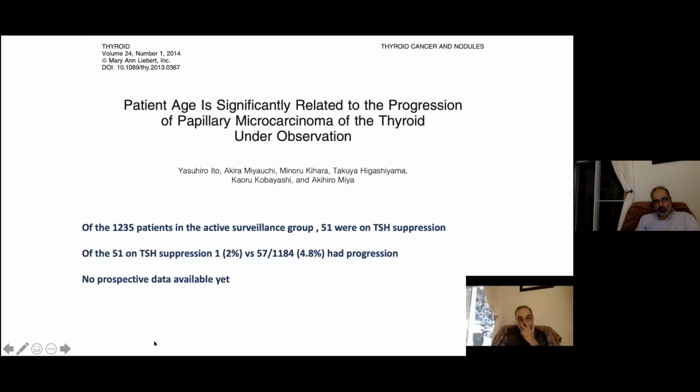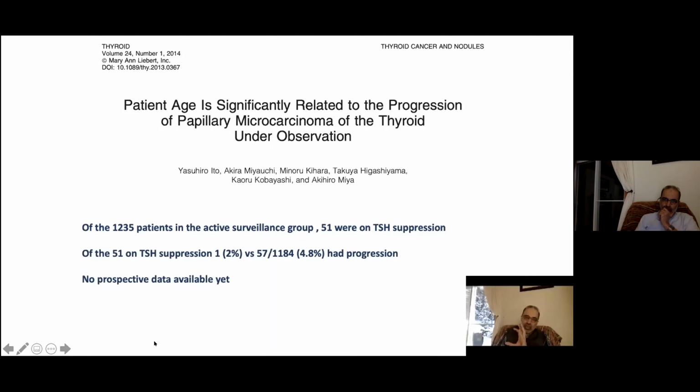We are looking at this particular question in our study, but what I can tell you is that in that Japanese study, what they found is that of the cohort, 51 patients were on TSH suppression therapy, and of those, 2% progressed, whereas in the rest of the patients who were not on TSH suppression therapy, almost 5% progressed.